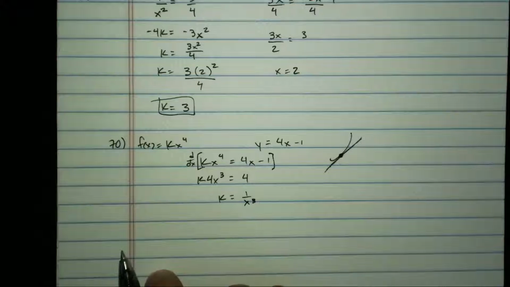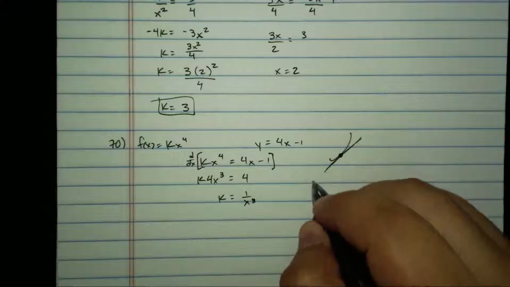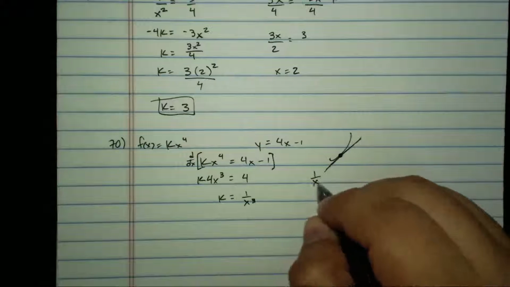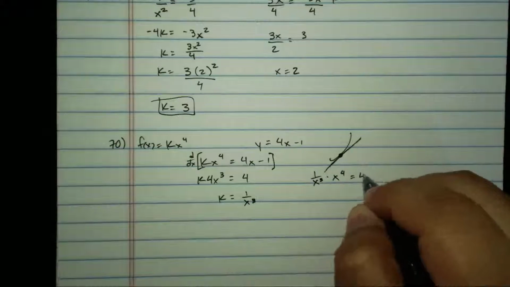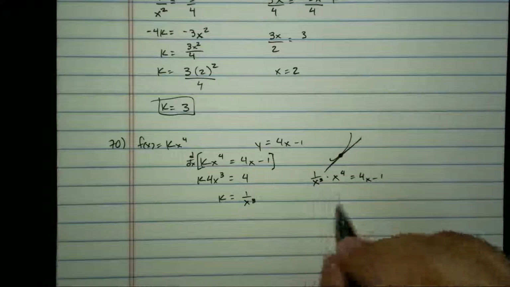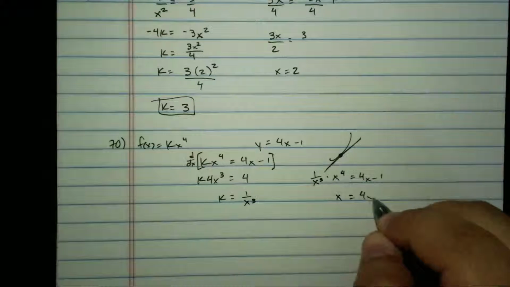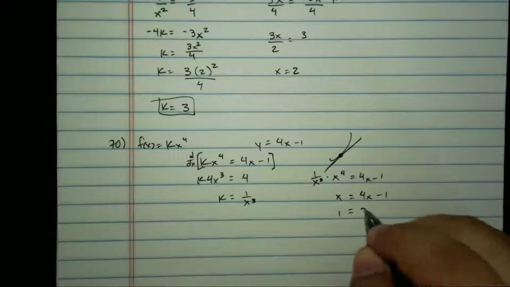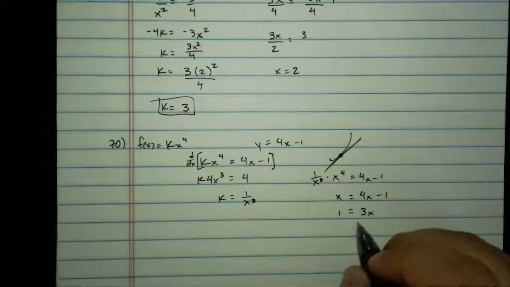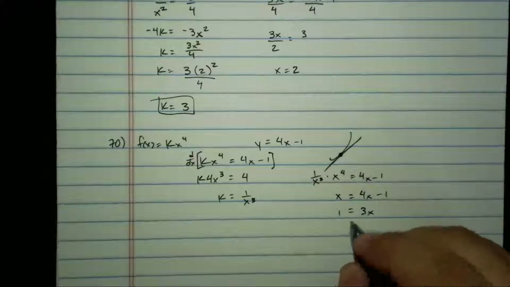Now that we have that, then we can say 1 over x cubed times x to the 4th equals 4x minus 1. These cancel out and give you just x equals 4x minus 1. Move the 1 over, move the x over. You get 3x is equal to that. So that means that x is equal to 1/3.